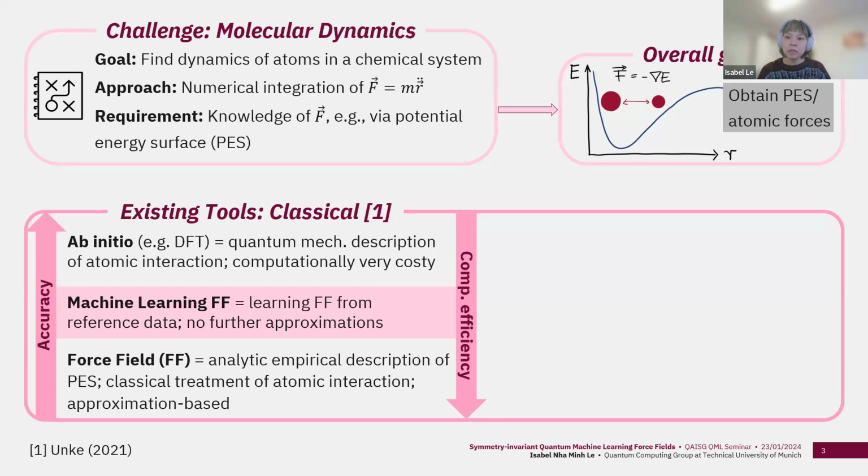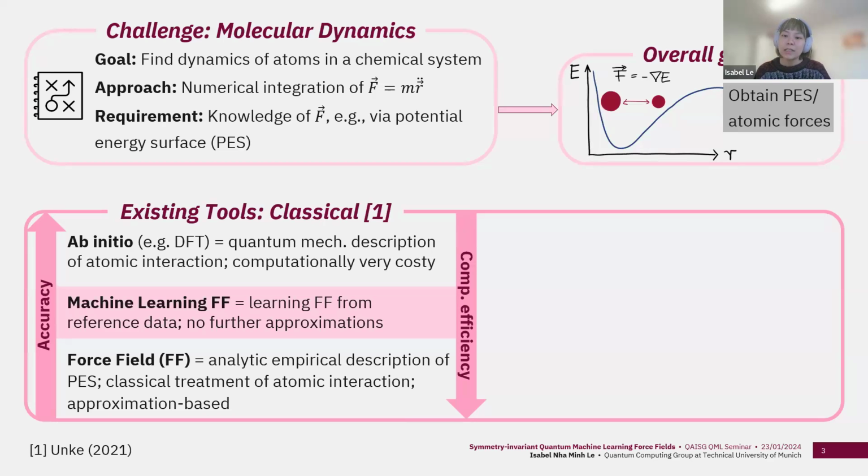So for example, we can make use of ab initio methods, such as density functional theory. And these methods describe the atomic interaction on a quantum mechanical level and are hence very precise. But on the other side, they are computationally very costly for the setting of molecular dynamics.